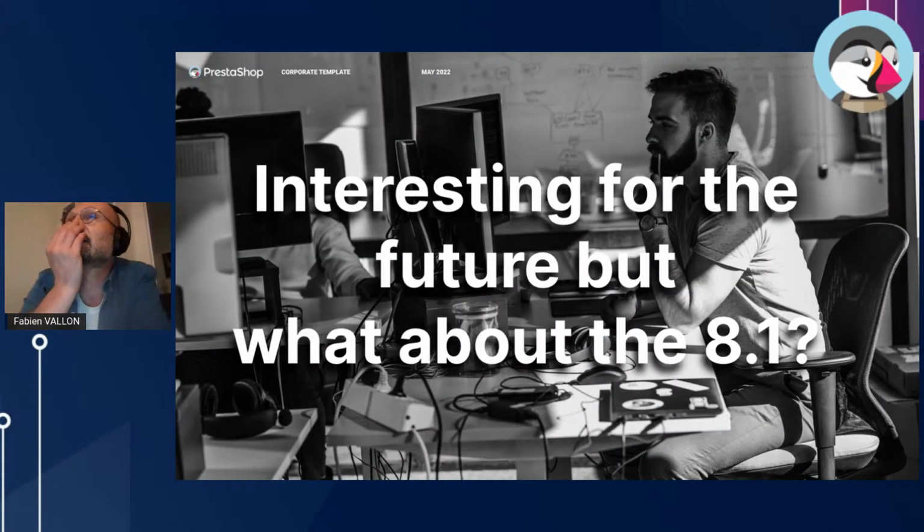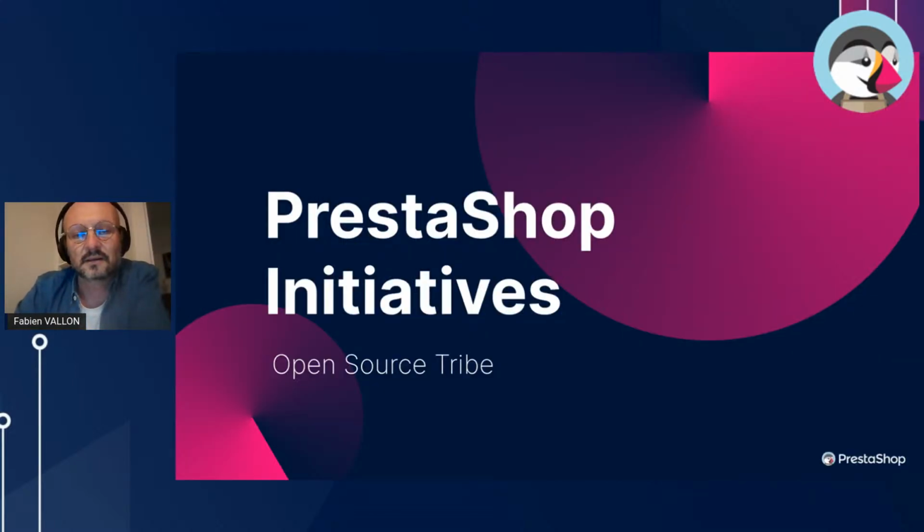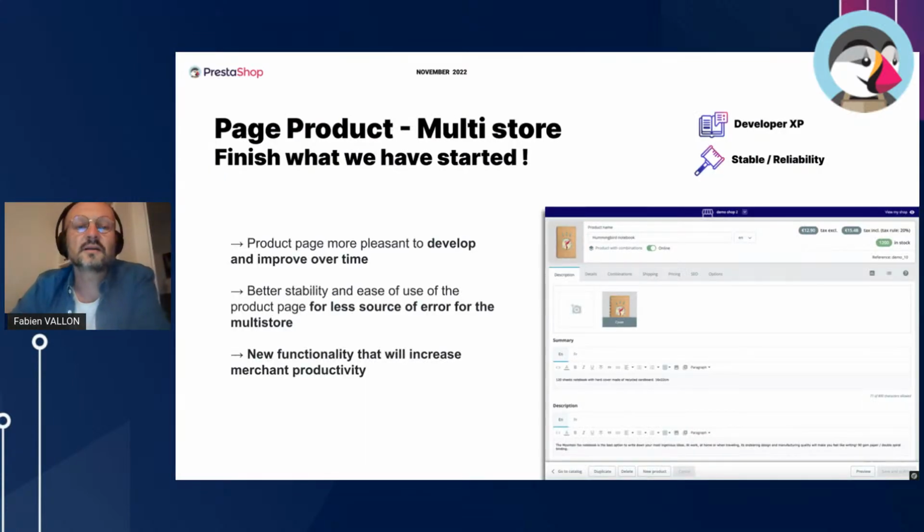So now for the 8.1. What are the PrestaShop initiatives? The first one is to finish what we started with the product page, which is an important and huge page. The migration to Symfony, and especially for this part, a focus on the multistore feature.